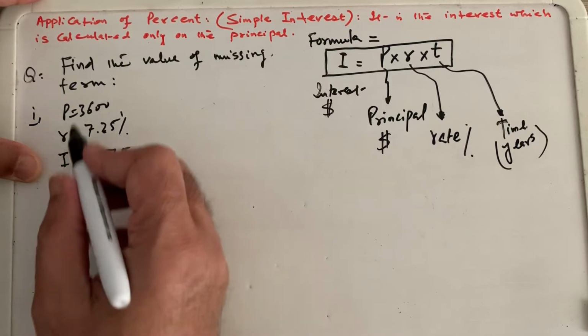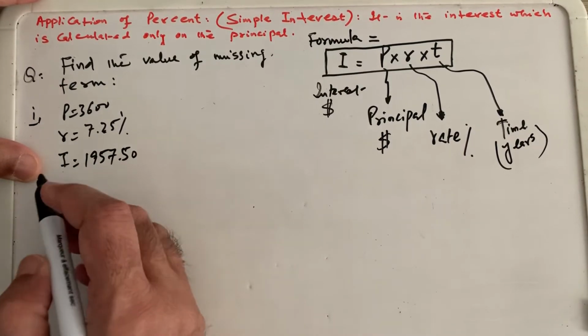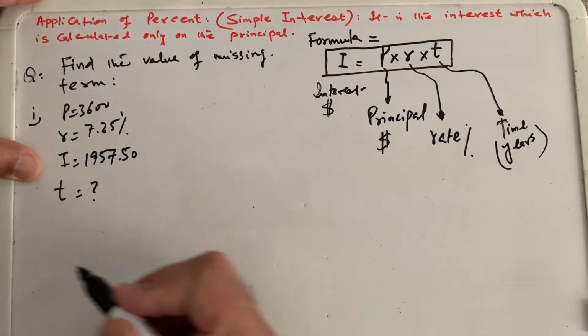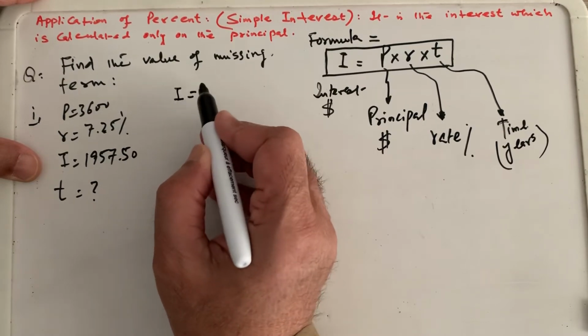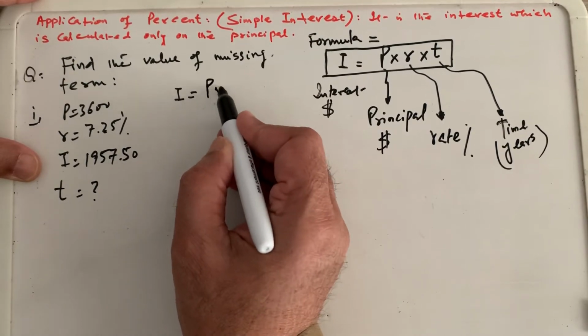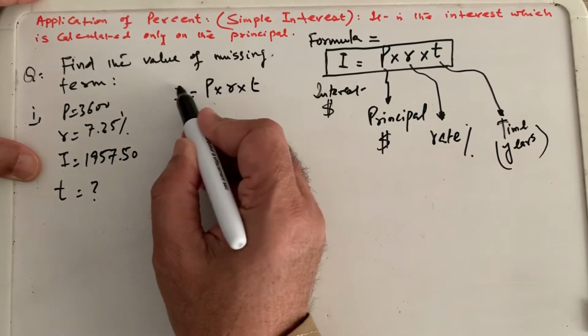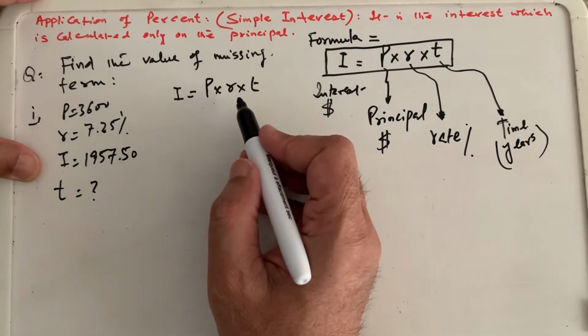What is missing now? P is known, R is known, I is known. So that means time is missing, right? You can change your formula into the time form, or you can put the values into the same standard formula and then manipulate things to calculate T. So both ways are correct.